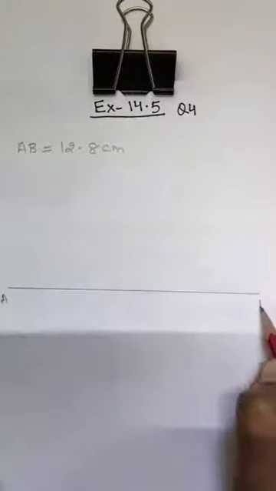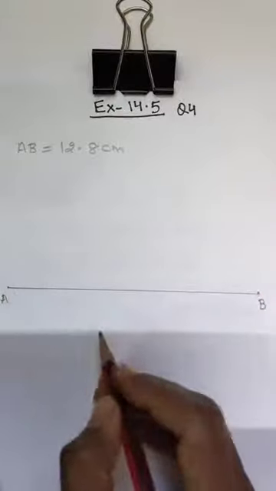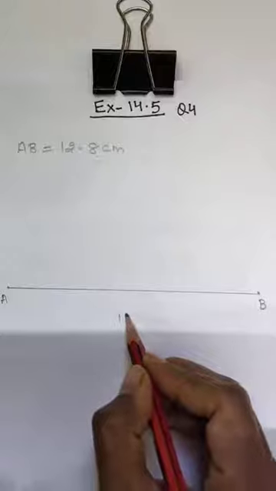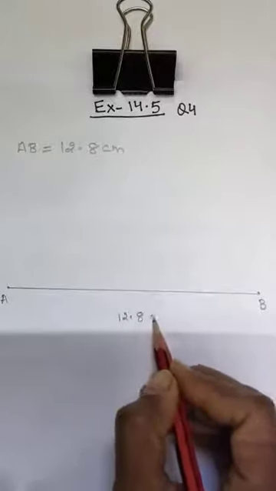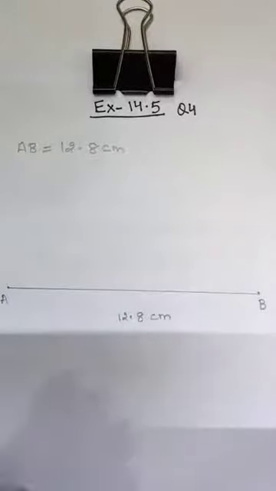As the measurement is given to us, we will not draw the arrows. We have to divide it into 4 equal parts. Now first of all we will divide it into 2 parts. पहले 2 parts में divide करेंगे तभी तो 4 पे आएंगे.